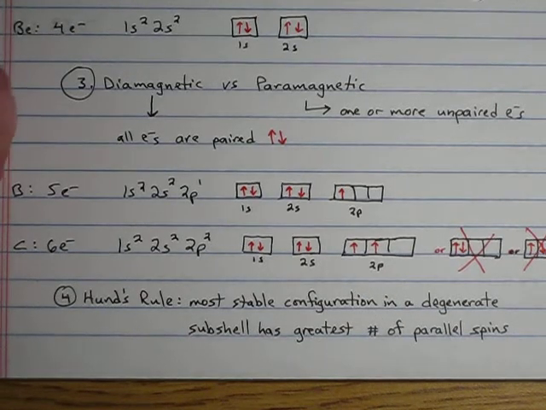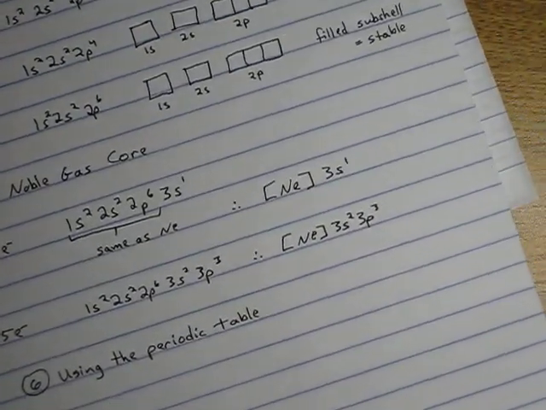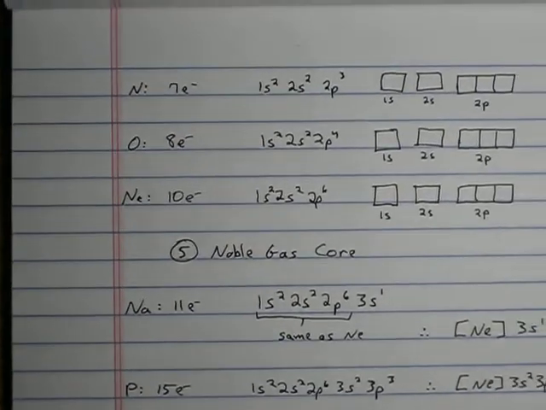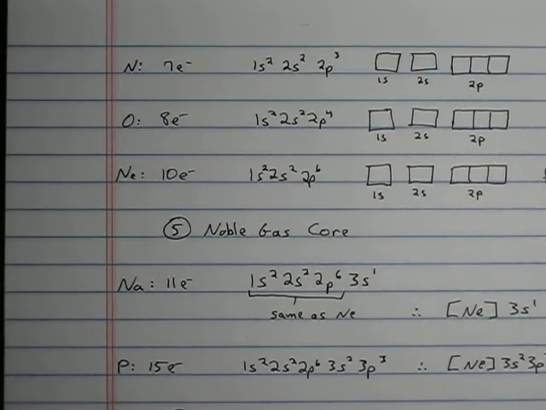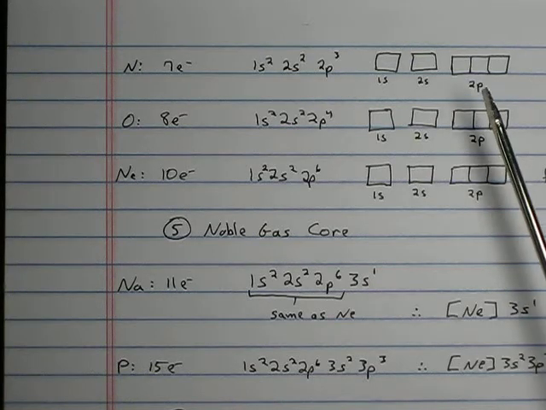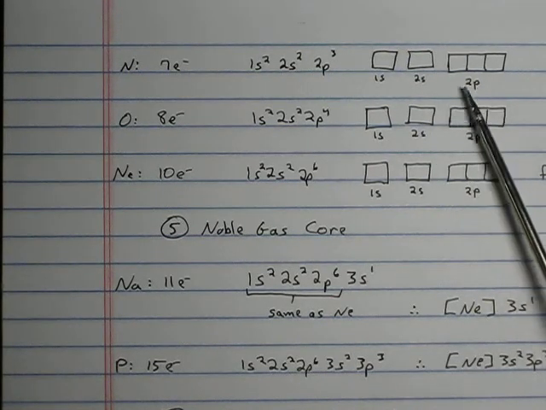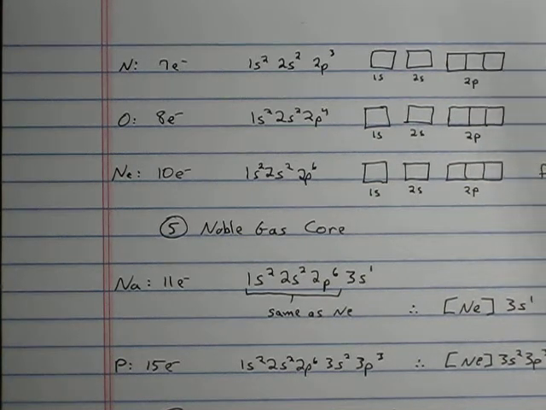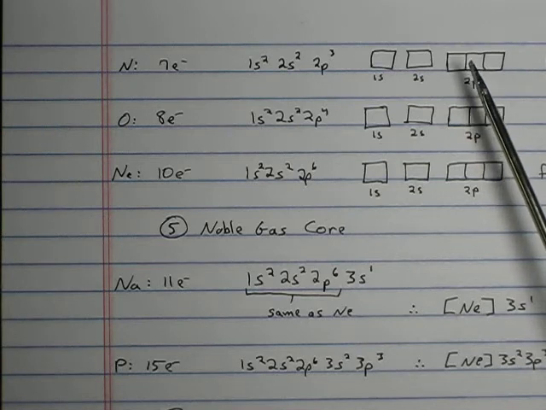So the next element is nitrogen. Nitrogen has 7 total electrons. Recall, with 2p orbitals, you've got 3 of them, with m sub l as 0, plus 1/2, and minus 1/2.